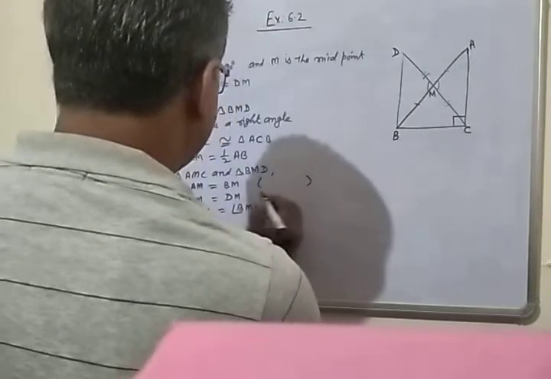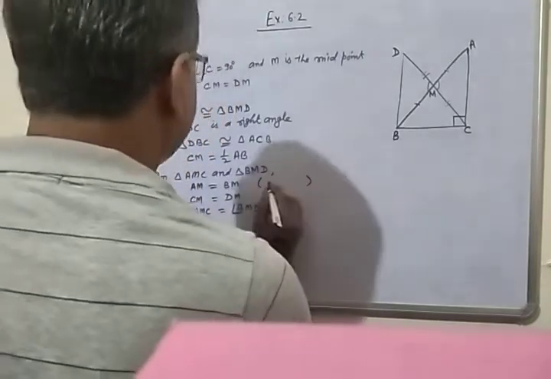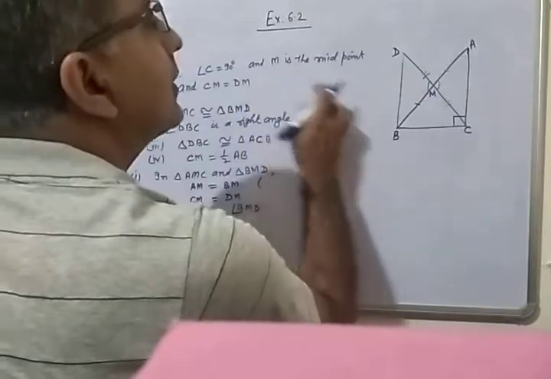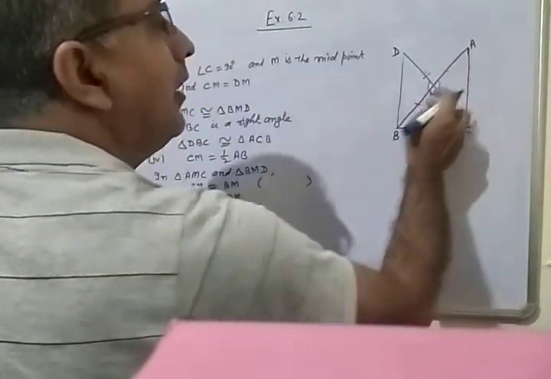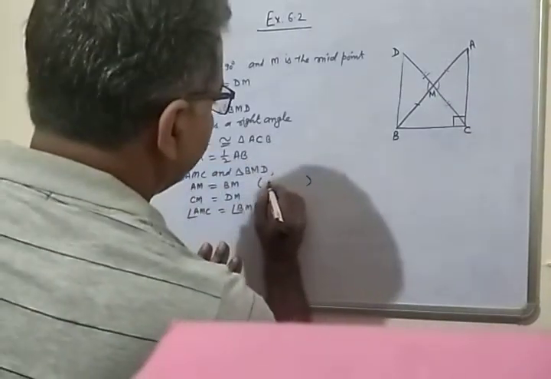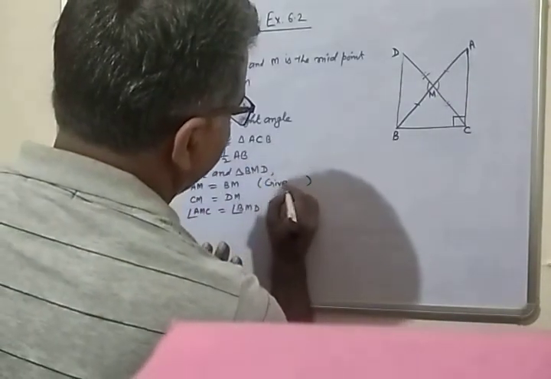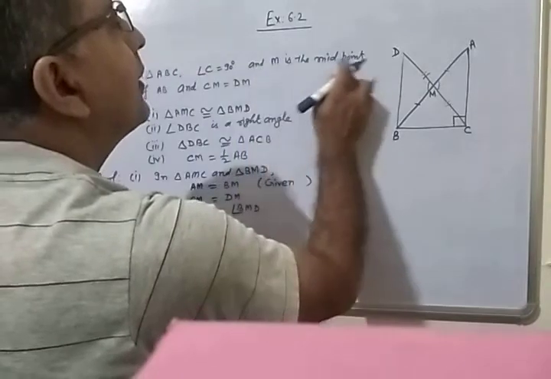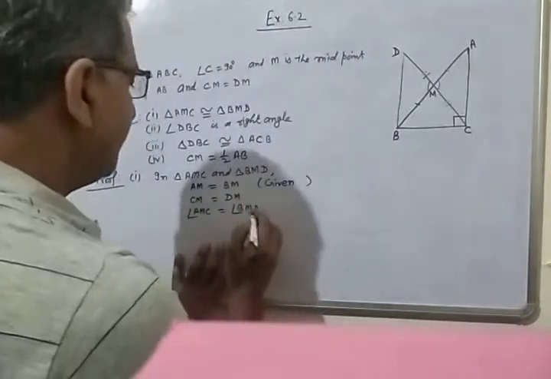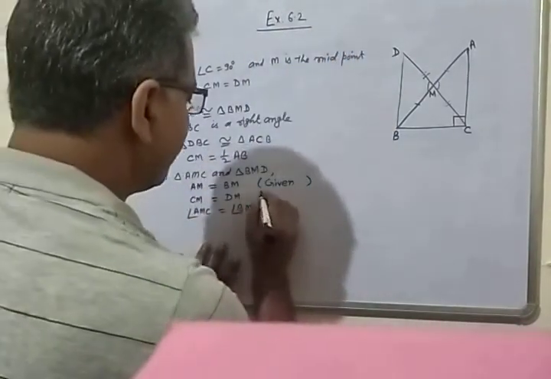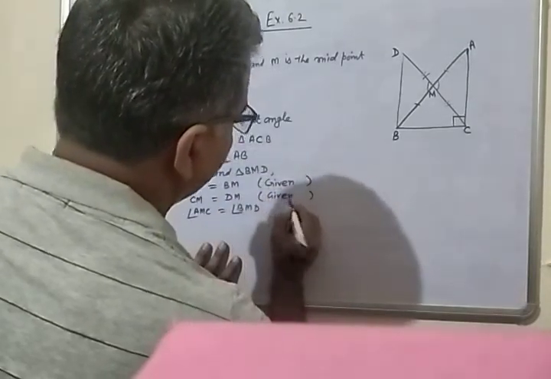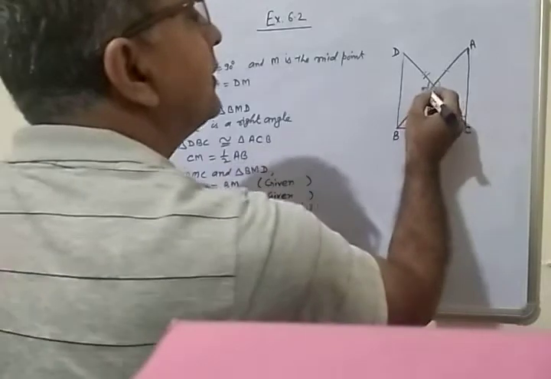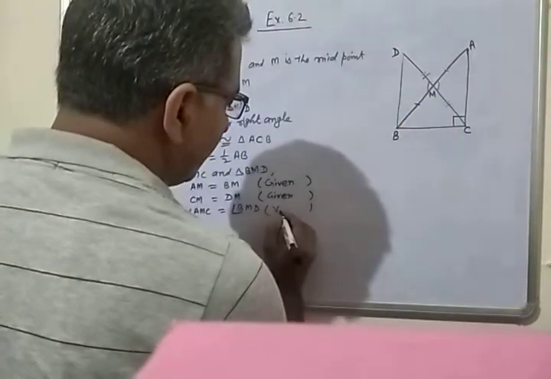The first point, the reason is given. We have given M is the midpoint of AB, then AM equals BM. We can write given, or M is the midpoint of AB. Next, that is given. Next point, these are vertically opposite angles.